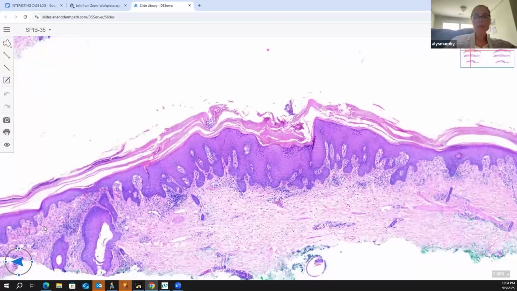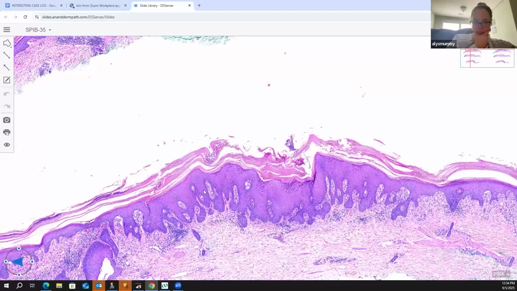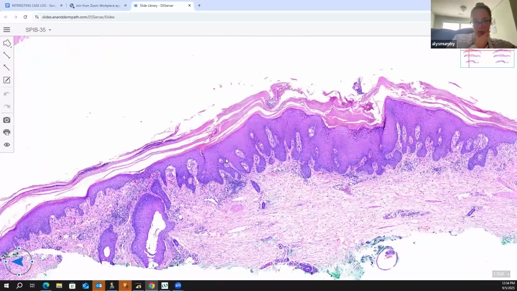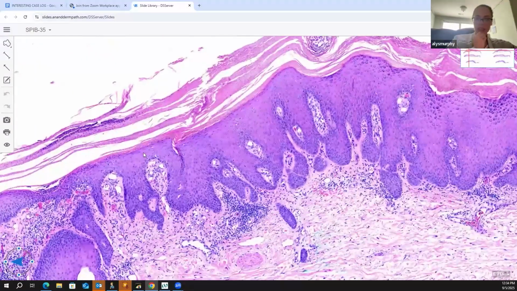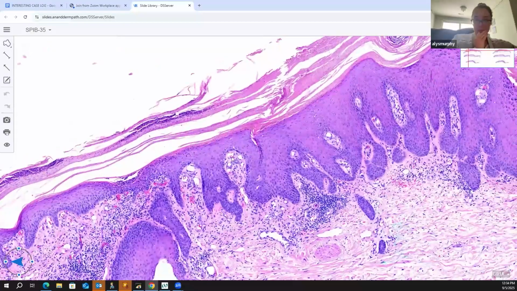Okay. So the shave biopsy is demonstrating some parakeratosis in the epidermis. We see not much of a granular layer, it looks like, and some acanthosis. Some tortuous capillaries and leaning towards psoriasis in this case.